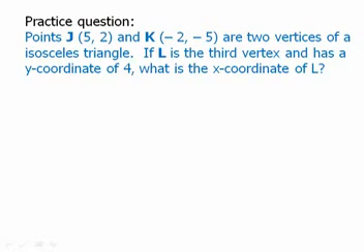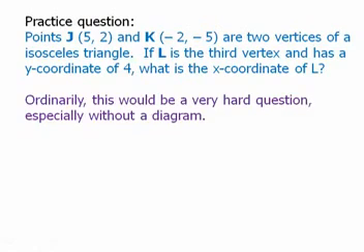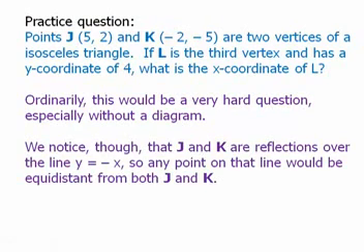Now this would be an example of a very, very hard question on the test. Ordinarily, this would be particularly hard, especially without a diagram. Of course, you could probably sketch something and get a ballpark idea, but it would be hard to verify it exactly. Well, we notice, though, that points J and K are reflections over the line y equals negative x, because we switched the x and y coordinates and we've made the 2 positives negative. 5, 2 and -2, -5.